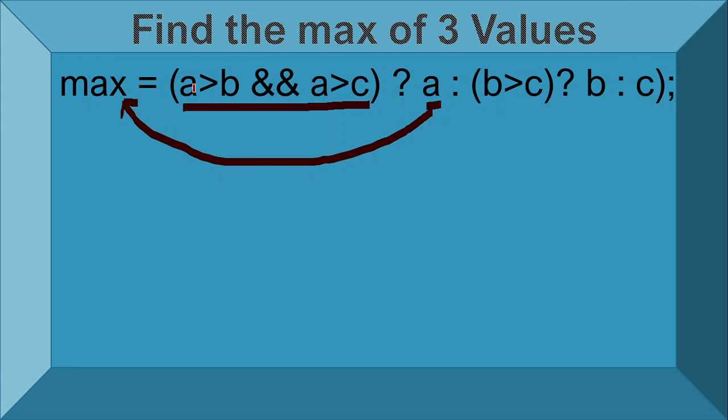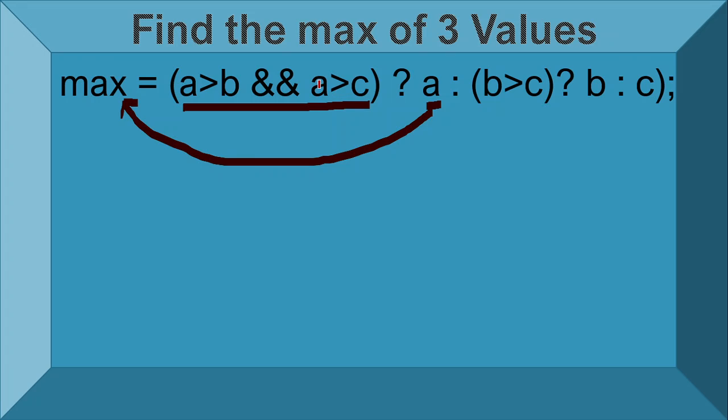And whenever this fails, one thing is for sure. What is that? A is not the maximum, because it has failed. Here two conditions are failed. What is that? A is less than B, or A is less than C, or A is less than both B and C. There are three conditions actually. One thing we can derive from this is A is smaller.